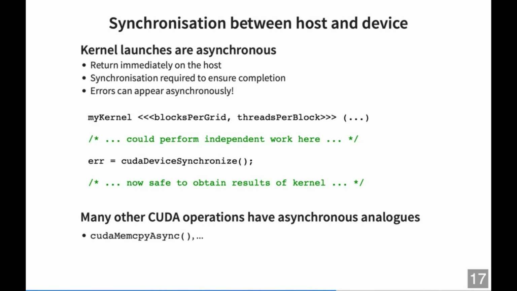And this is done through this CUDA API called CUDA device synchronize. So if that returns, this synchronizes us with the device, and we know that that kernel has finished execution.